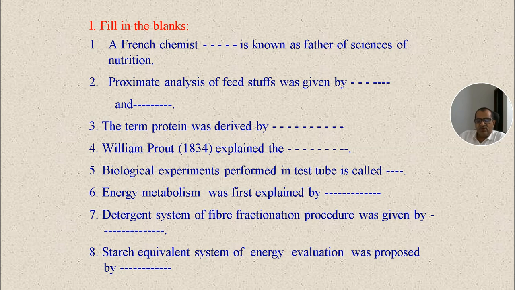Energy metabolism was first explained by Rubner, whereas the detergent system of fiber fractionation means the fiber content needs to be extracted out to measure the value of the food. Then the starch equivalent system of energy evaluation has been reported. So these are all some simple and small questions you need to understand at every chapter's end.